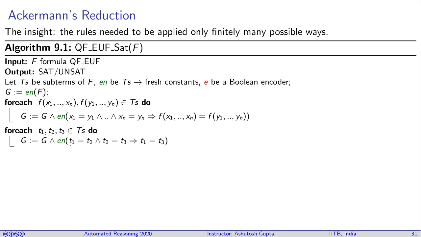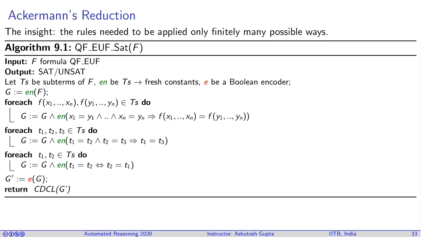Now you instantiate all possible ways you can apply transitivity, and then all possible ways we can apply symmetry. Finally, once you have the formula G, it is not over Boolean variables. It has a set of equalities over fresh symbols. Now these equalities can be turned into Boolean encoding, so we turn each equality into a propositional variable. Now G prime has all the information it needs to reason over equality. You can call a CDCL solver and check if it is satisfiable or not.